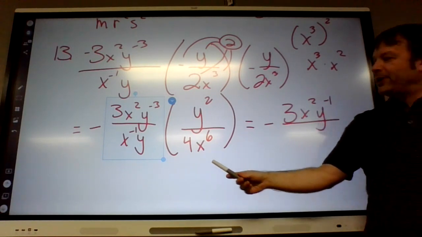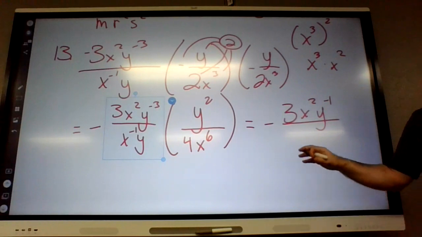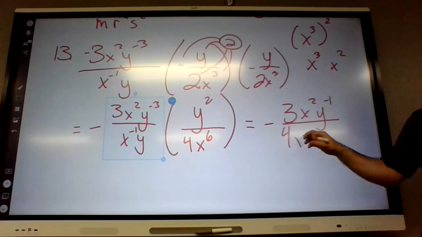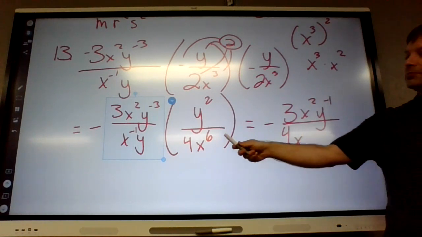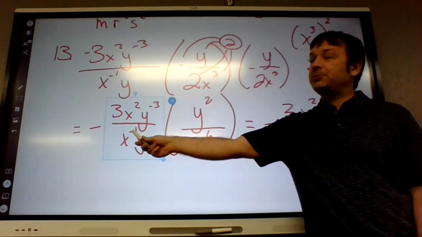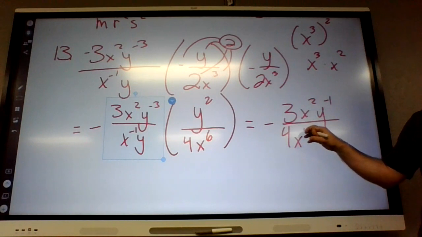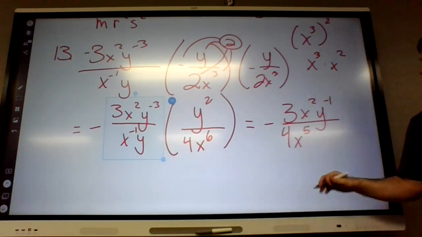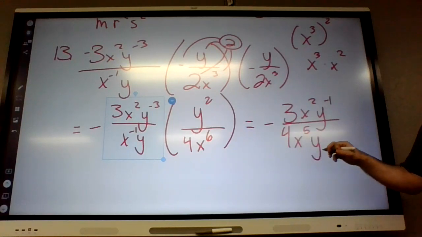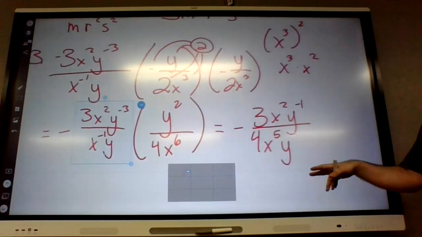Okay, Mallory, what would the bottom become? 6 minus 1, or 6 plus -1? Just 5. And then there's also a y down there. Okay, is there anything else we can do?